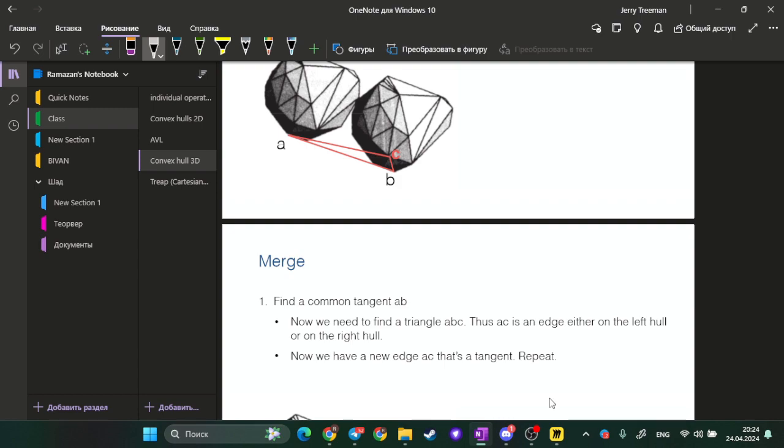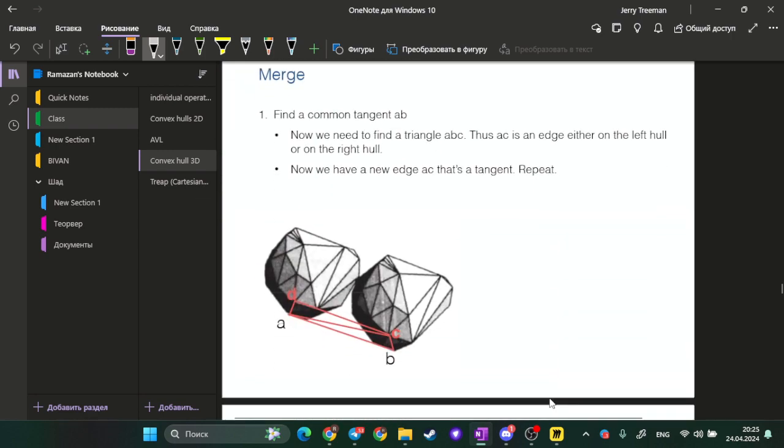Okay, but how can we do it not only in O(1) complexity, or not in O(n) complexity? Here's the deal. I don't know how to do it. Sorry. So I don't know how to find the new point in O(1) complexity.